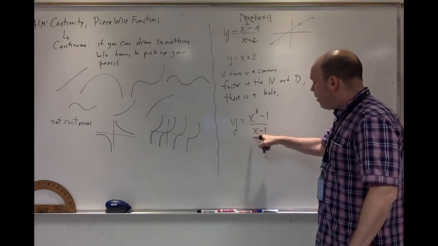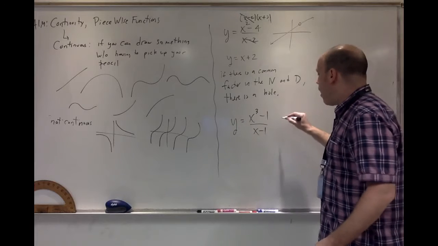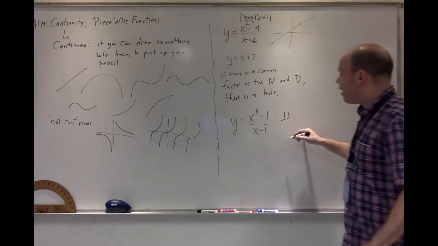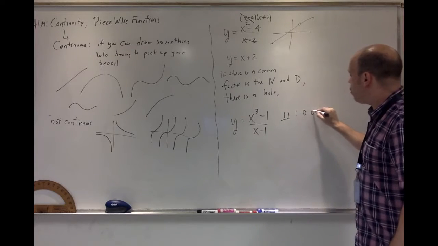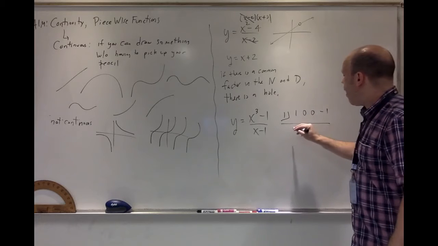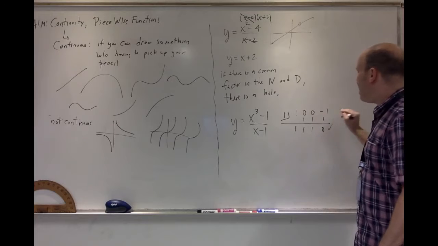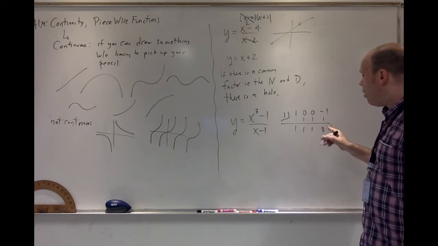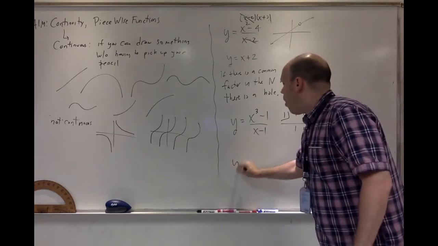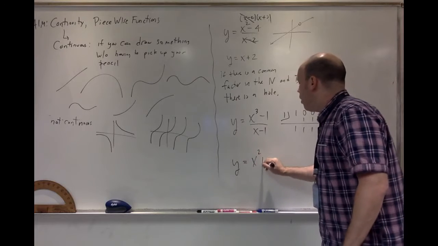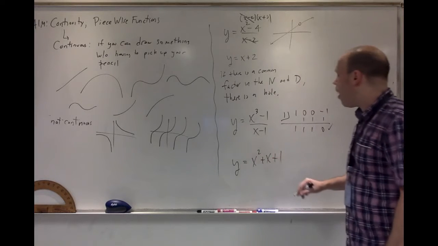Because my lead term in the denominator is 1, I'm just going to quickly do synthetic division. 1, 0, 0, negative 1. So I have 1, 1, 1, 0. Nice. So this ends up being y equals x squared plus x plus 1.